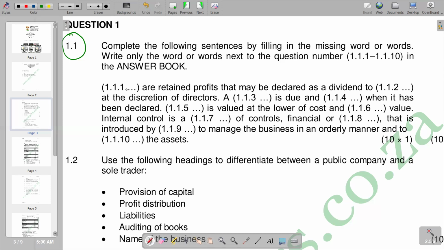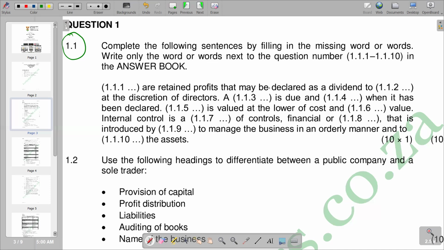So 1.1.1 reads: dash are retained profits that may be declared as dividends. So let's try to find out which missing word we can fill in. We see that it's explaining retained profits, which means they are going to be retained for future use. So when we have such an explanation, it means they are reserves. Reserves are retained profits that may be declared as a dividend.